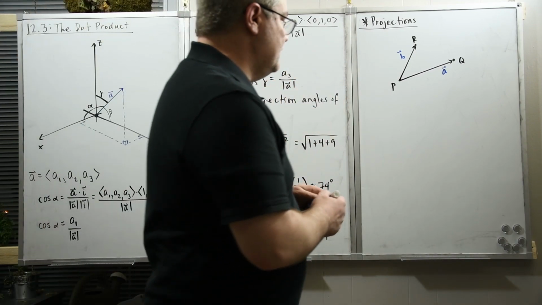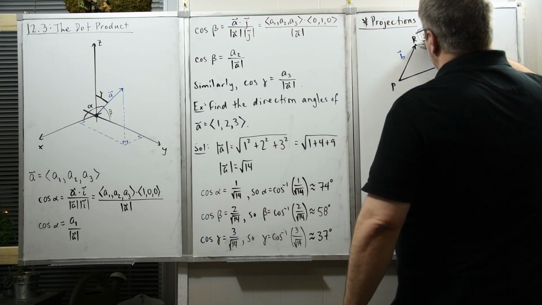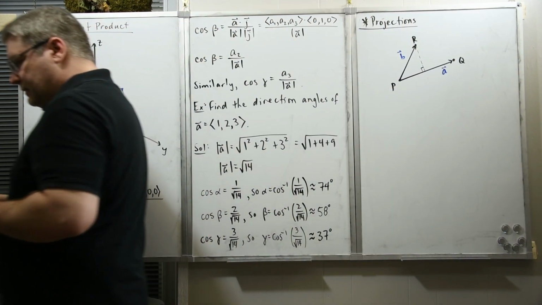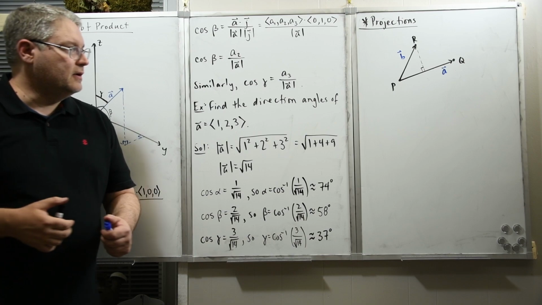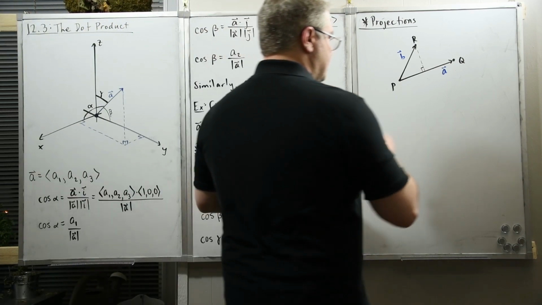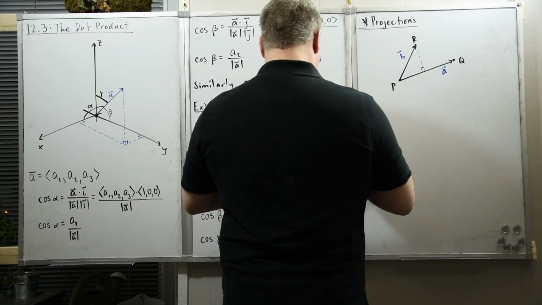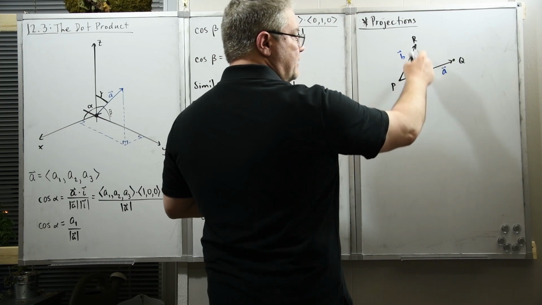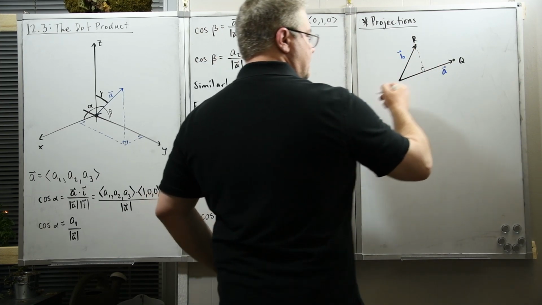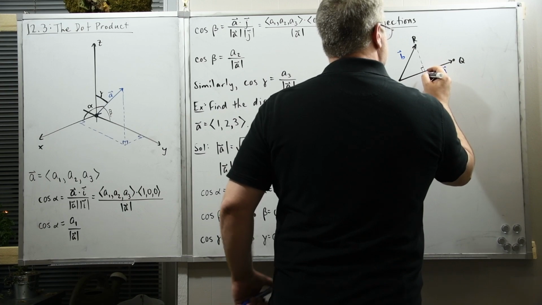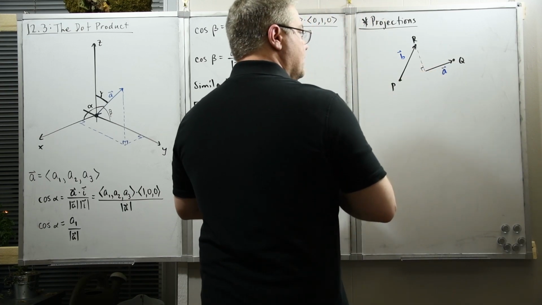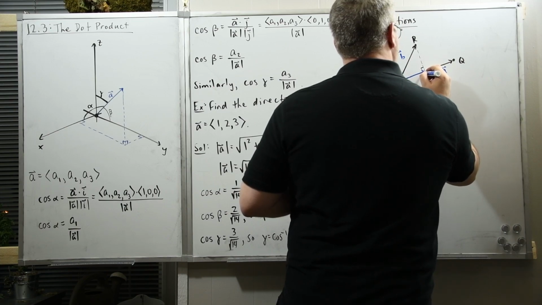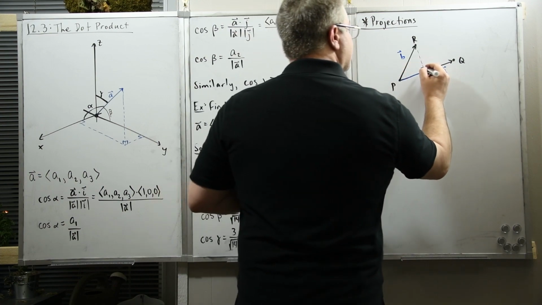So one way to think of this is you can draw a perpendicular from the point R down to the line that contains the vector A. And this vector that goes from P to this point where the perpendicular hits the line containing the vector A, well, that is your projection of B onto A. So I guess we could take a look at this point here.